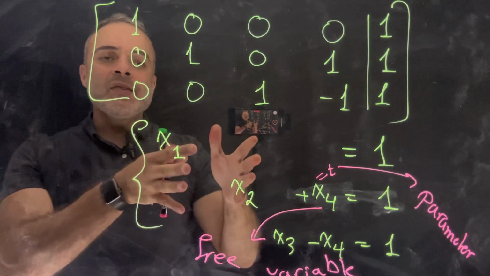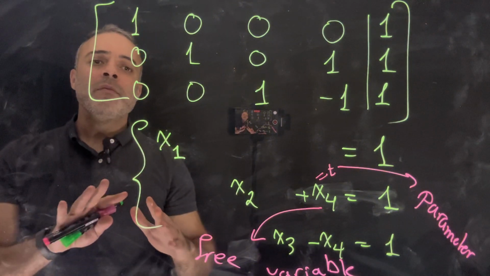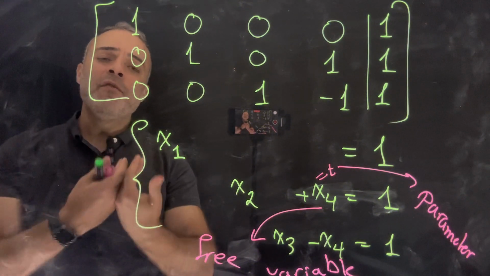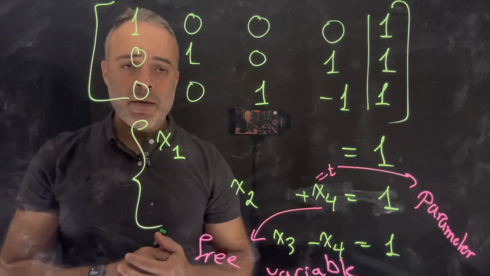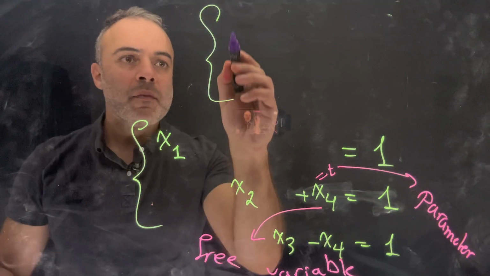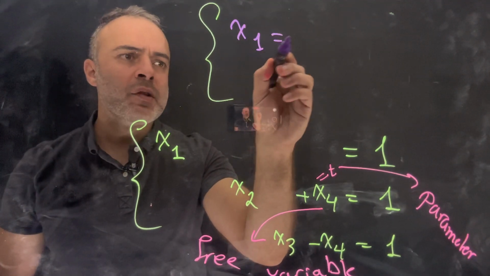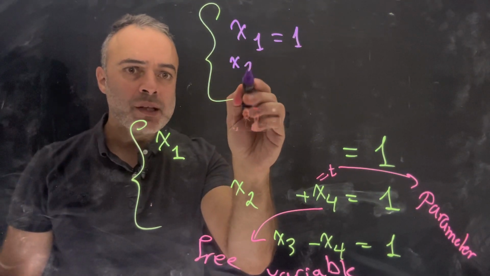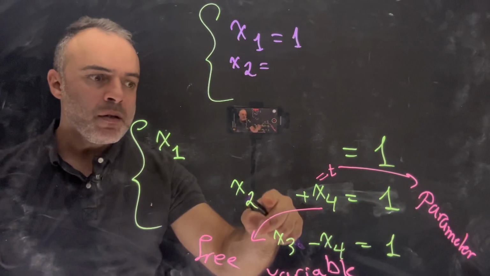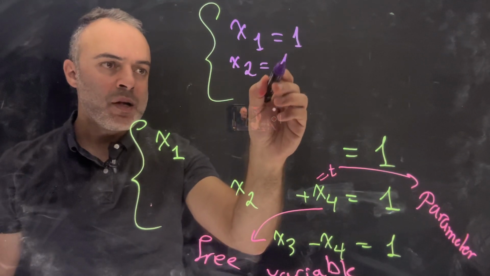So in this case, we've ended up with a system which contains infinitely many solutions. So let's see what the final answer becomes. x1 actually is only 1, right? x2 becomes what? Becomes 1 minus x4, which is 1 minus t.